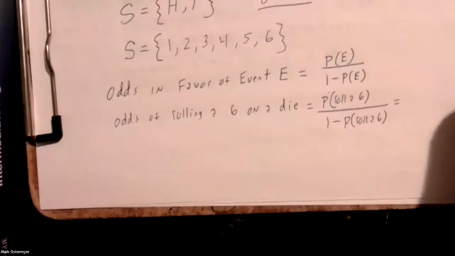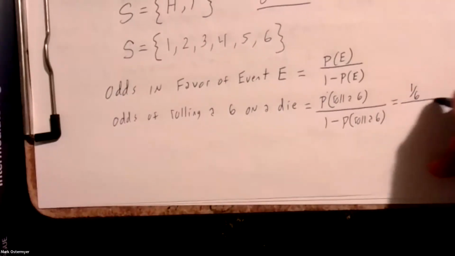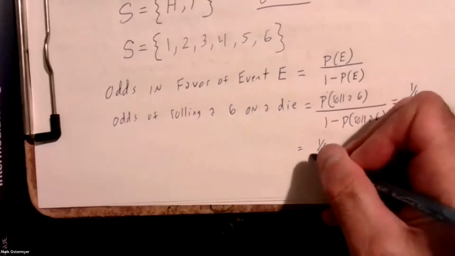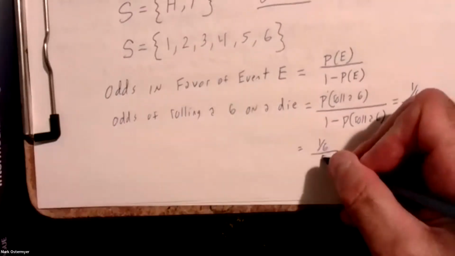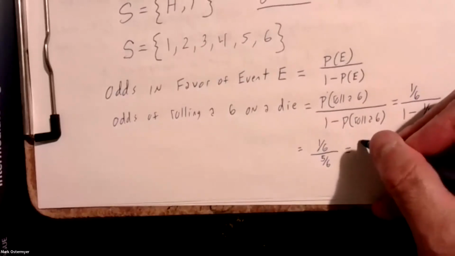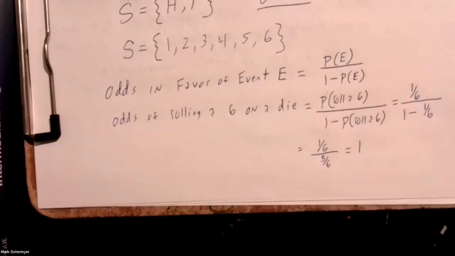Well, the probability, ladies and gentlemen, of rolling a 6 on a fair die is going to be 1/6 divided by 1 minus 1/6, which is to say 1/6 divided by 6/6 minus 1/6, which is 5/6. And 1/6 divided by 5/6 is going to be 1/5.